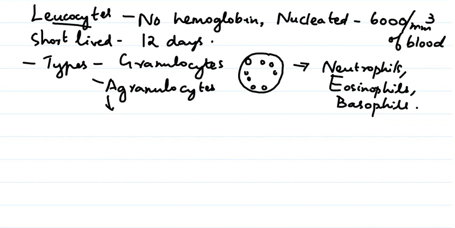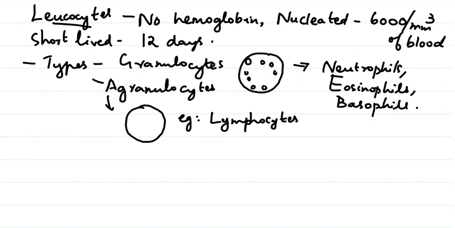Agranulocytes means their cytoplasm will not have any granules. Examples of agranulocytes are lymphocytes and monocytes.